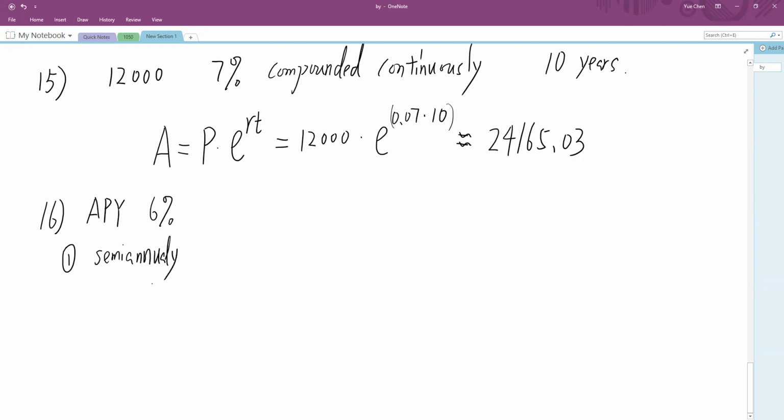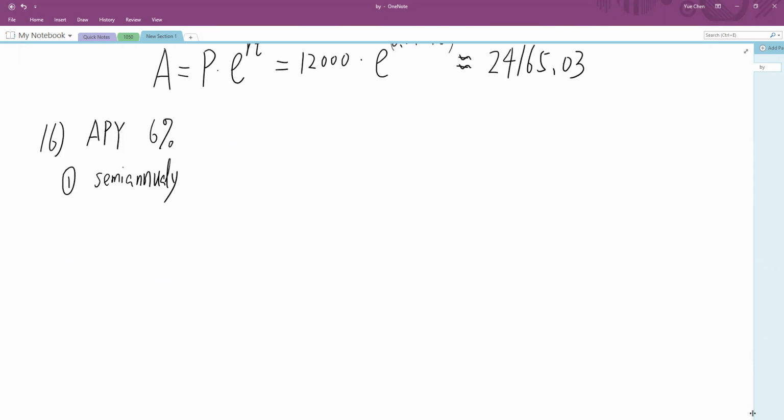What is the APY for this compound period, compounded semi-annually at an interest rate of 6%? So APY represents a quantity like the simple interest rate. Okay, so it's easy for us to compare.